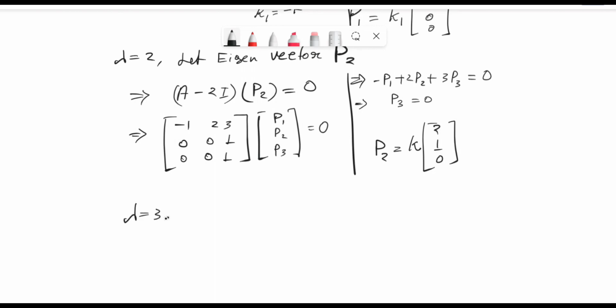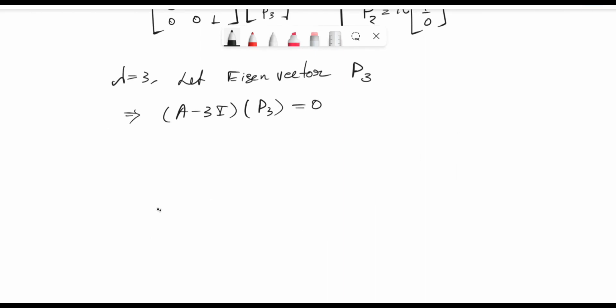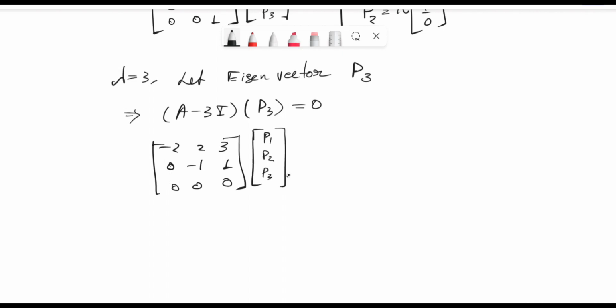For lambda 3, let's take the eigenvector as capital P3. So we have (A minus 3I) P3 equal to 0. From this equation we have [minus 2, 2, 3; 0, minus 1, 1; 0, 0, 0] times small p1, p2, p3 equal to 0.